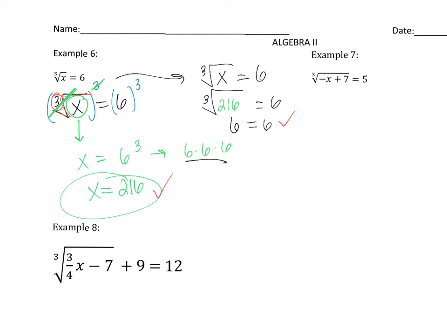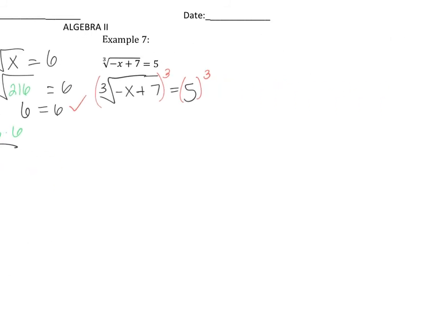Now I'm going to go ahead and do the same thing for example 7, okay? So here I am, just writing the problem down again. Now, in order to get rid of this radical, I need to cube both sides, okay? So, in order to cube both sides, this drops out.